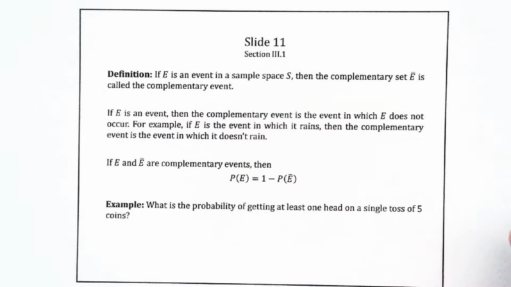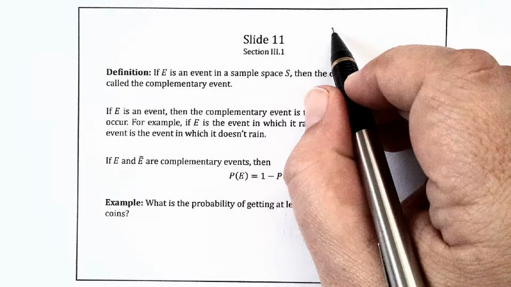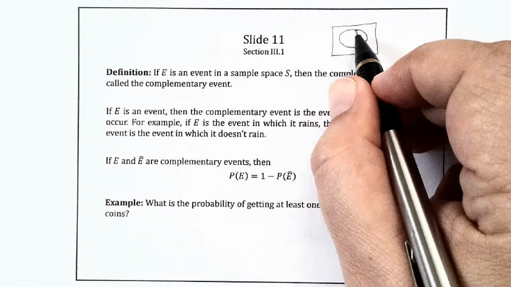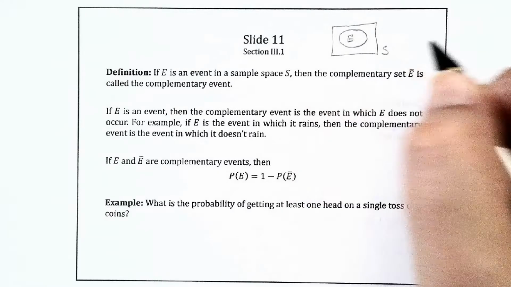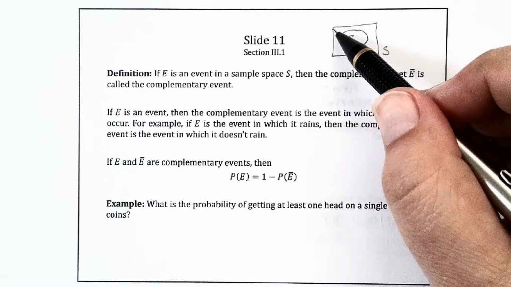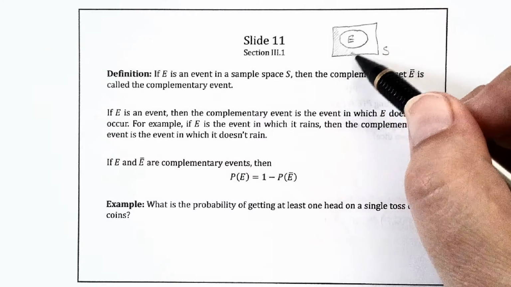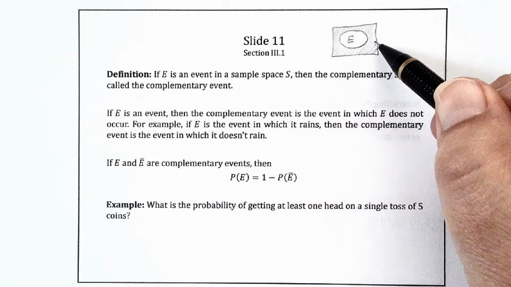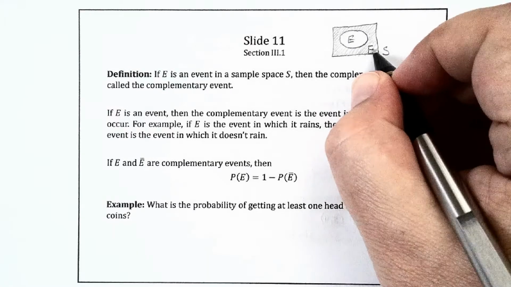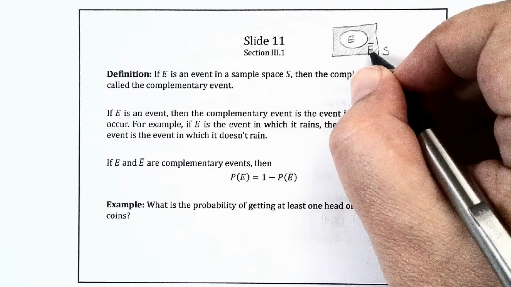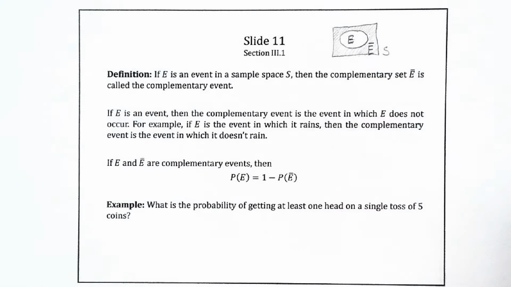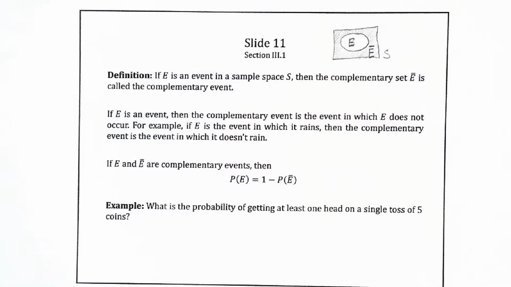Remember, back when we first learned about sets, we learned that if you have a set E in a larger universe, then everything outside of E is the complement of E. We're using terminology of sets quite a bit here, so if it's been a while since you've seen that, or you're not too confident about it, now would be a good time to review that material.